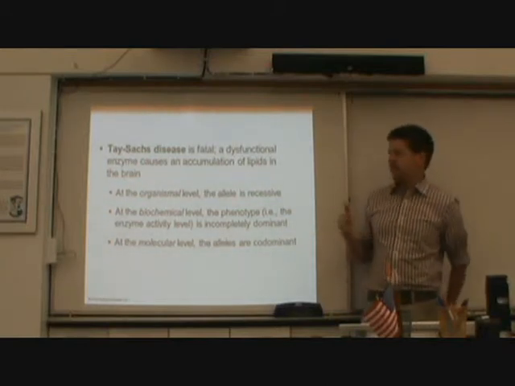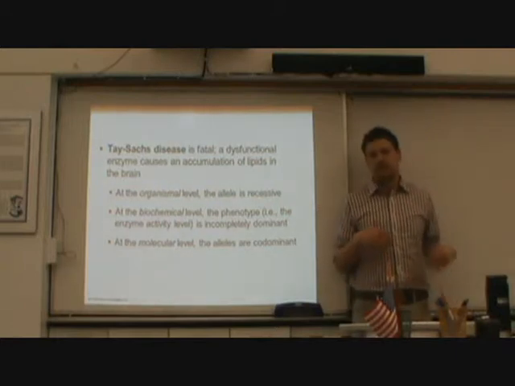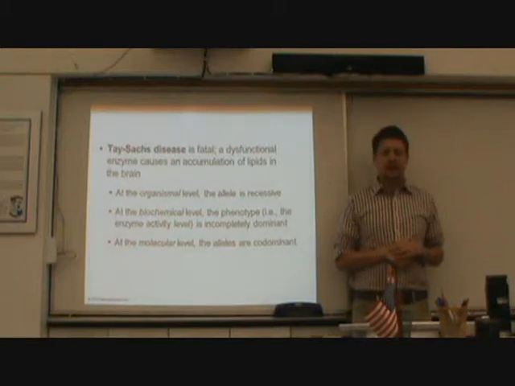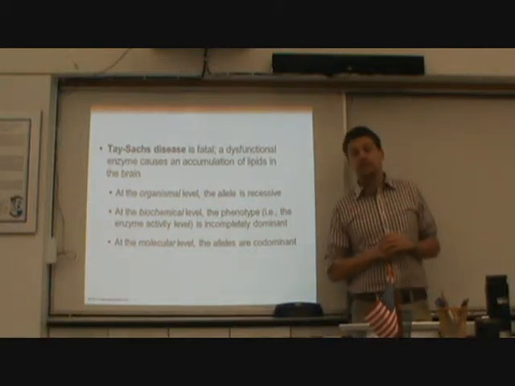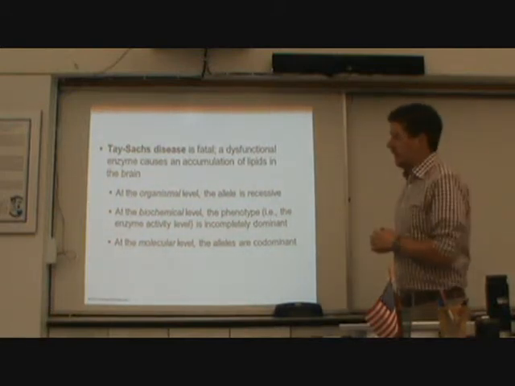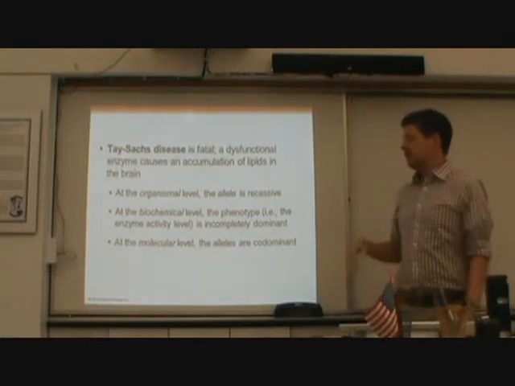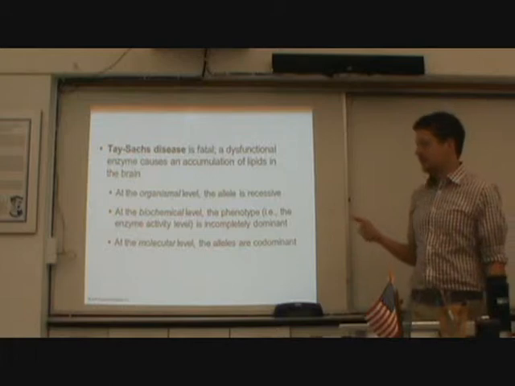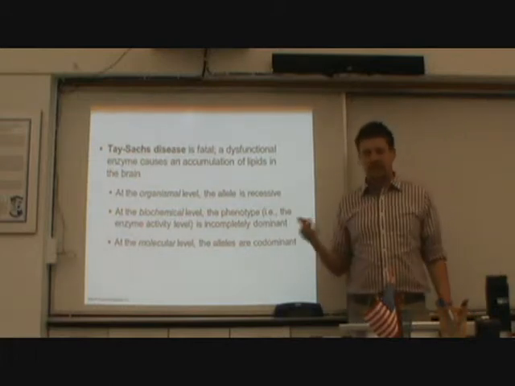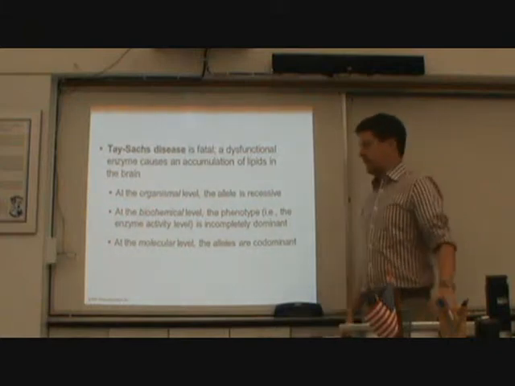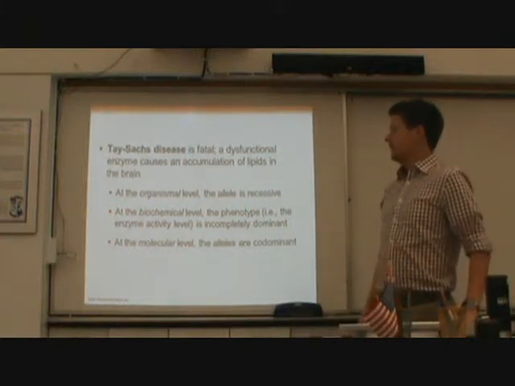And that happens because it creates a dysfunctional enzyme, and that enzyme is in charge of breaking down lipids in brain cells. And when that enzyme isn't able to do its job, then you have an accumulation of lipids in those brain cells, and eventually there's seizures and a whole bunch of bad stuff, and the child will eventually die. Which is very sad.